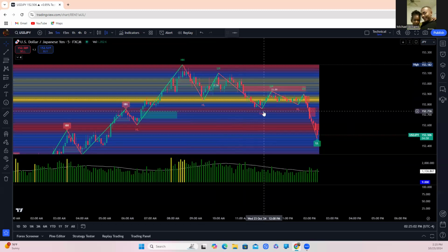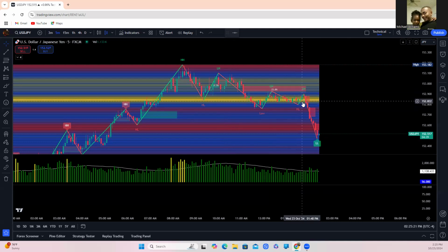So price came down and created this low. That's a great sign. Then we push up a little bit and create another lower high. Then price comes down, we get into this fair value gap, and it creates a higher low. It didn't have enough oomph to create a new low just yet. So it pulled back a little bit, but did not create a new high.